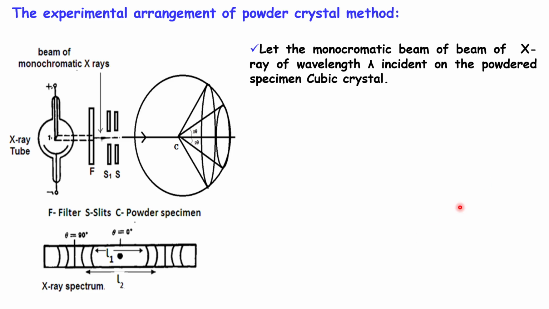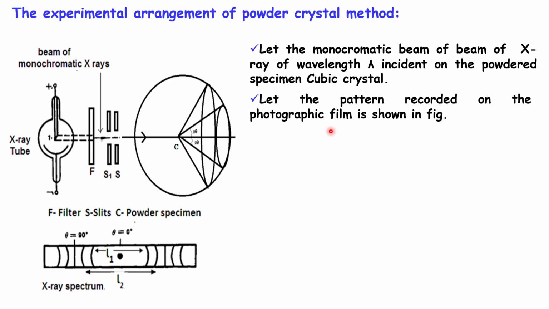Now to study the cubic crystal by using the powder method, let us consider the monochromatic beam of the X-ray having the wavelength, say, lambda, incident on the powder specimen, which is a cubic crystal.